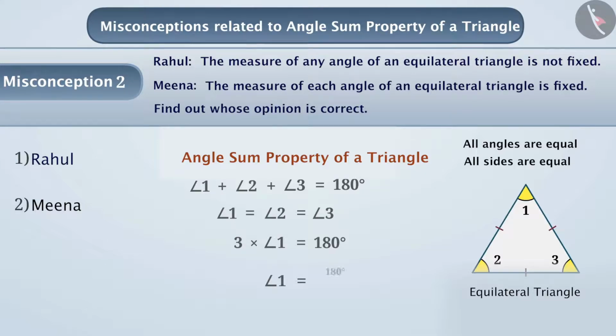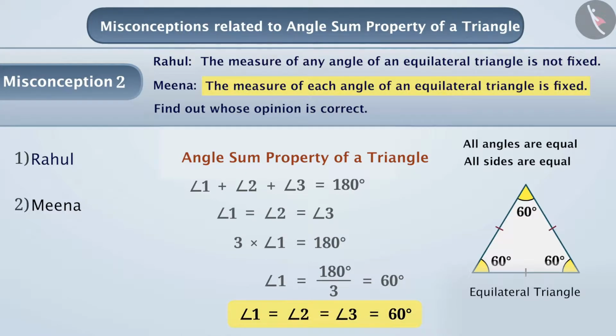That means angle 1 is equal to 180 degree divided by 3 is equal to 60 degree. That is, angle 1 is equal to angle 2 is equal to angle 3 is equal to 60 degree. Therefore, the angles of an equilateral triangle are always equal whose measure is 60 degree. Thus, Meena's opinion is correct. So option 1 is incorrect and option 2 is correct.